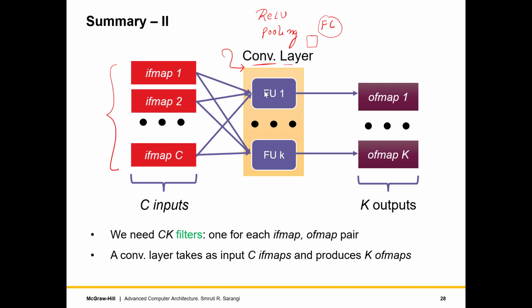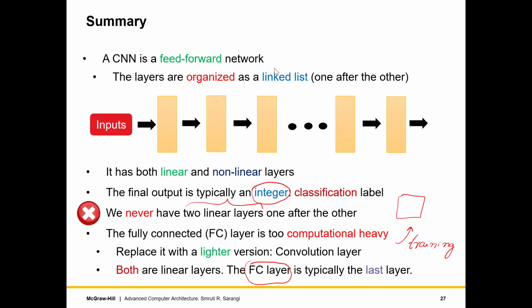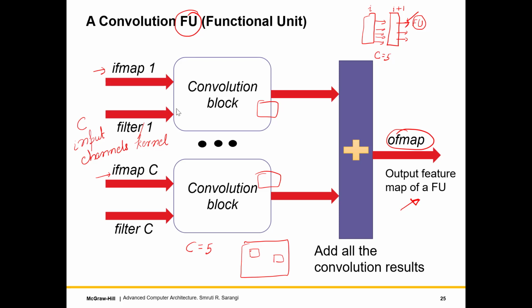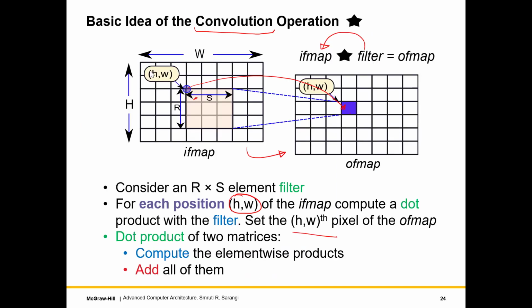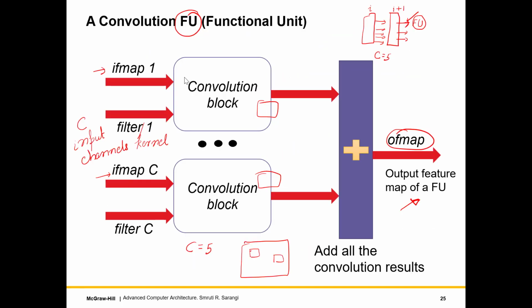Of course, what would happen? So, what would each FU do? Each FU would basically compute a convolution between an IF map and a filter, right? So, if you come to an FU, it will compute the convolution between an IF map filter pair and then add them up.